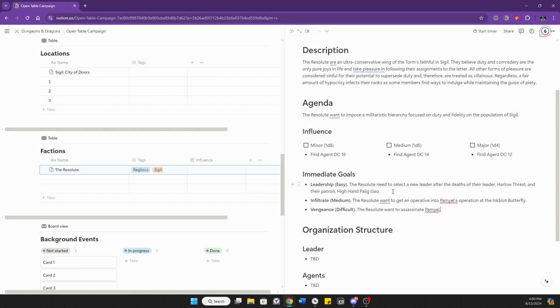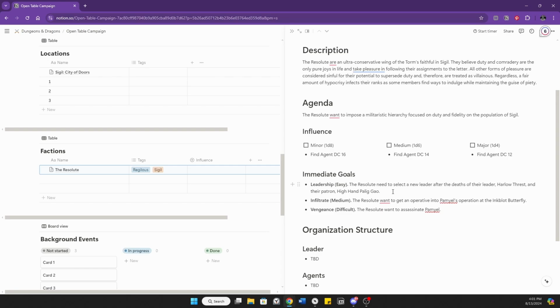So, for example, in the adventure that I ran as part of my ongoing campaign, the characters ended up causing the deaths of the leadership of the Resolute. Specifically, their true leader, Harlow Threst, and their patron, High Hand Peleg Gao.